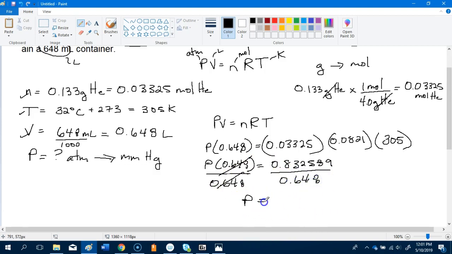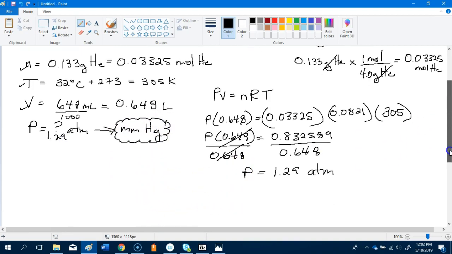So my pressure is going to be 0.832589 divided by 0.648, which is 1.29 atmospheres. So that's here. But my question asked me, what is the pressure in millimeters of mercury? So I have to do one more conversion.